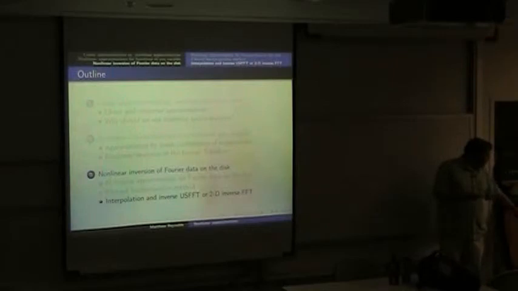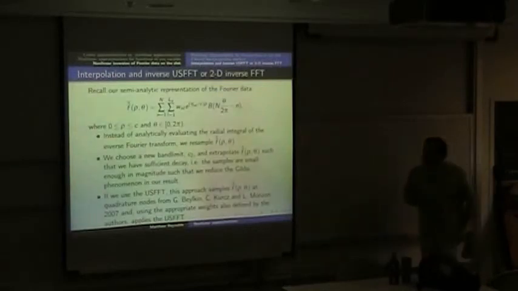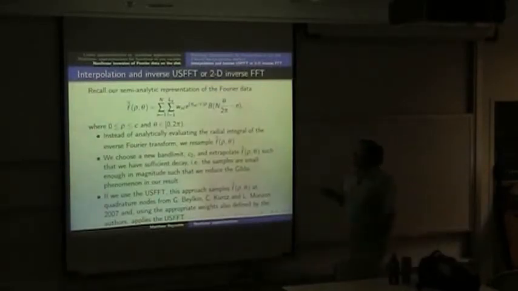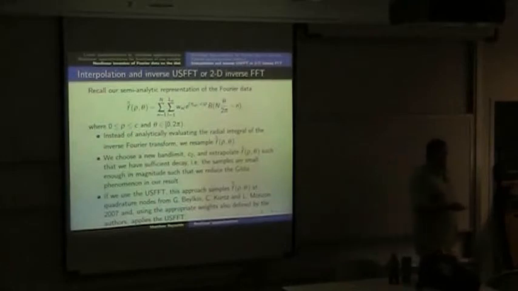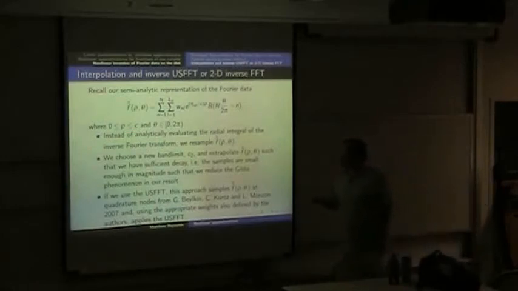Okay, and I briefly want to go over the other version, where we have this approximation, and instead of evaluating the radial integral analytically, we just resample our approximation. We choose a new band limit such that we mitigate the Gibbs phenomena in our result.